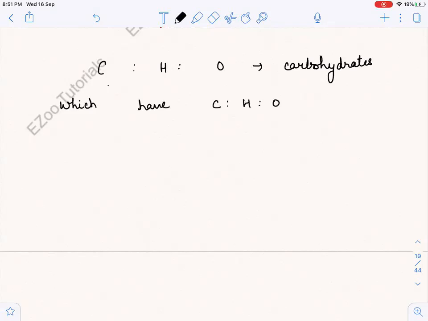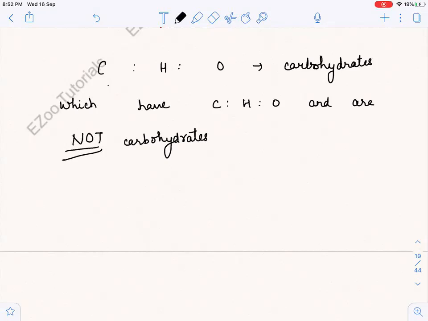What did we say about compounds which have carbon, hydrogen, and oxygen? They are carbohydrates, right? Now let us see a few things which have carbon, hydrogen, and oxygen and are not carbohydrates. I think I have told you this also, but can you draw such things?